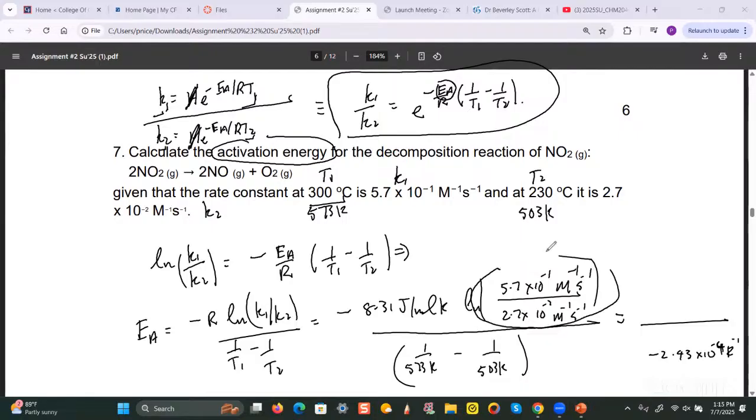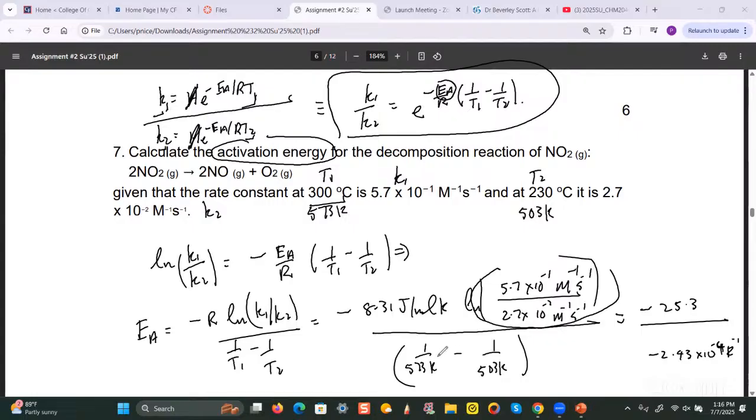So 5.7 times 10 to the minus 1 divided by 2.7 times 10 to the minus 2. And then I'm going to find the natural log of that, and then multiply that by 8.31. And what I got up here is minus, how many sig figs? 3 sig figs. So minus 25.3. All right.